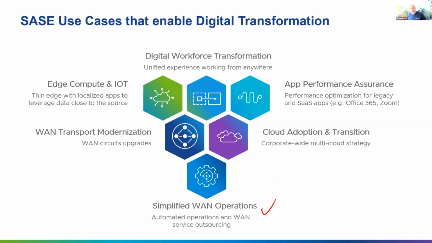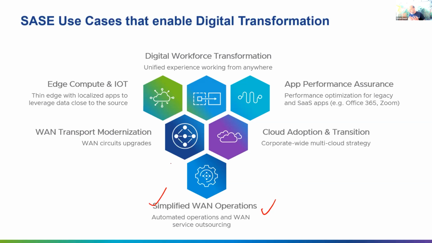Even complex operations like complex routing are simplified using the VMware SD-WAN orchestrator, all those BGP configurations. Or let's say I want to do branch to branch VPN between 500 branches, those can be done with simple clicks, a simplified WAN operation.